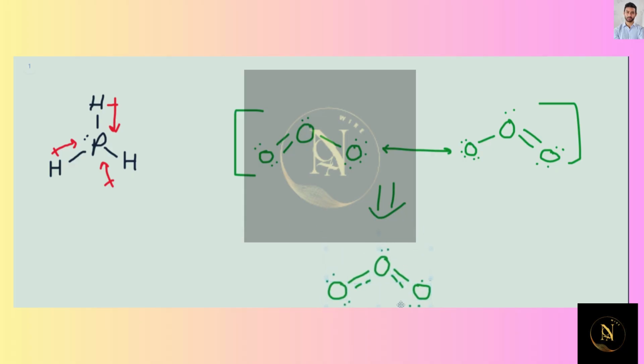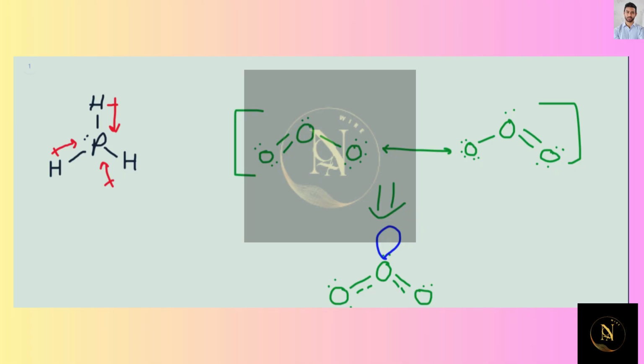You can think of a lone electron pair as kind of a pseudo bond. It's going to look more like this. The lone pairs are going to affect geometry in such a way that it is somewhat equivalent to a bond.